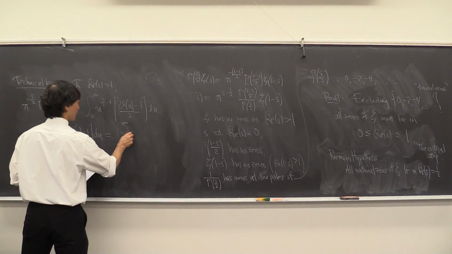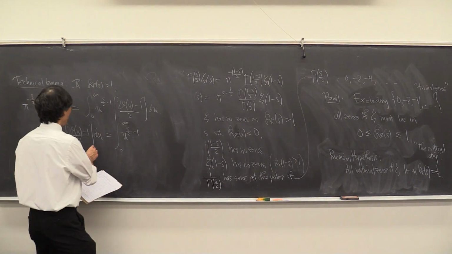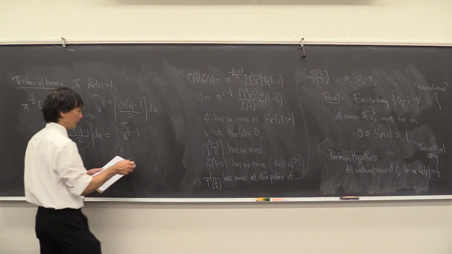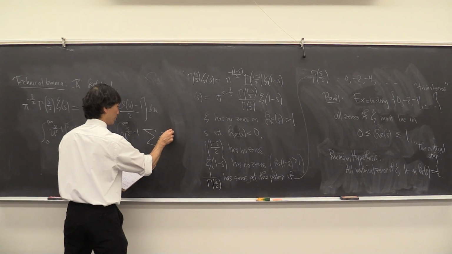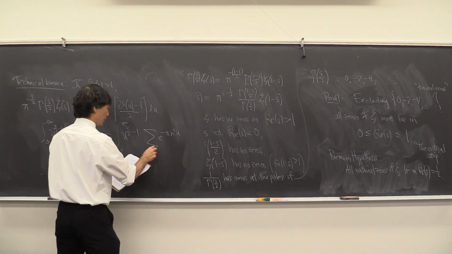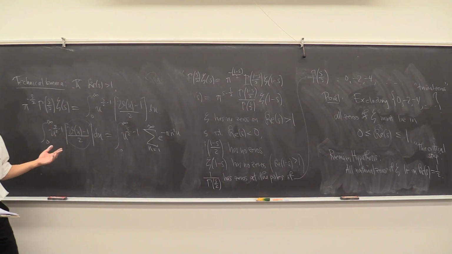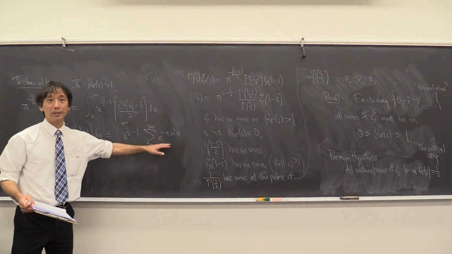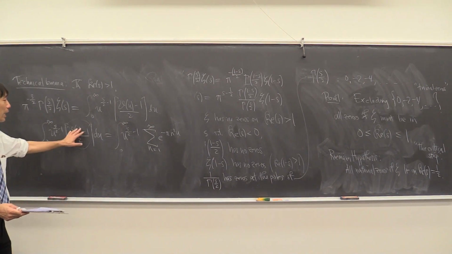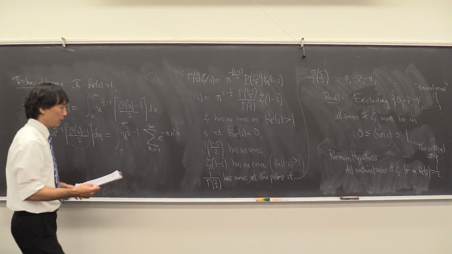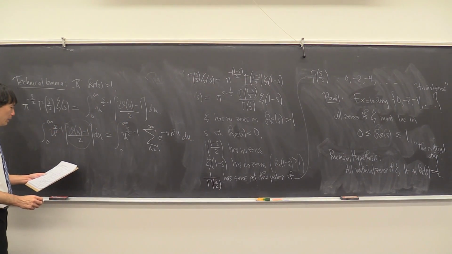So we can replace this, as we did last time, with just the sum of e to the negative pi n squared u as n goes from 1 to infinity, because we throw out the 0th term, and the negative terms and the positive terms are the same, so we take half of them. Just like we did last time.